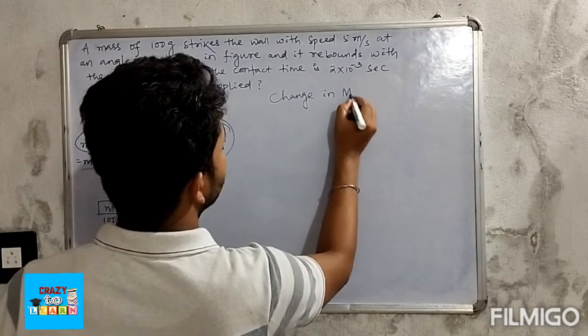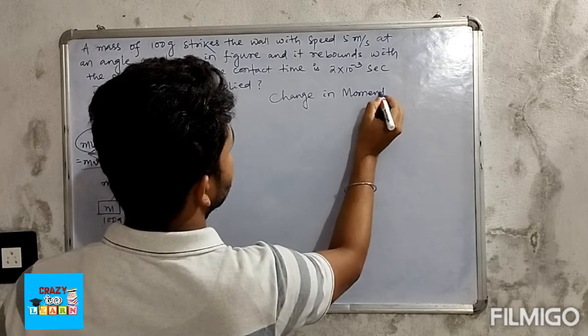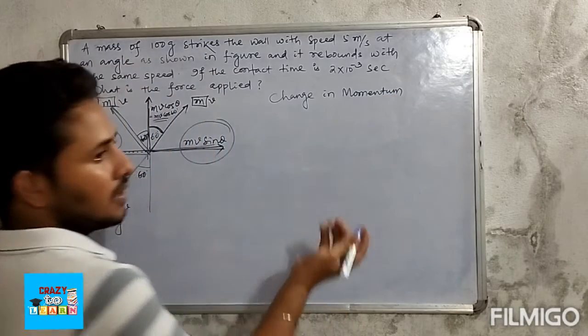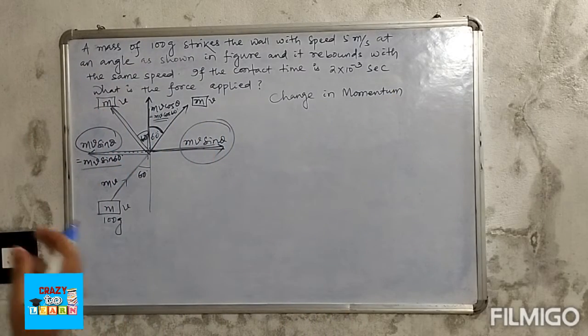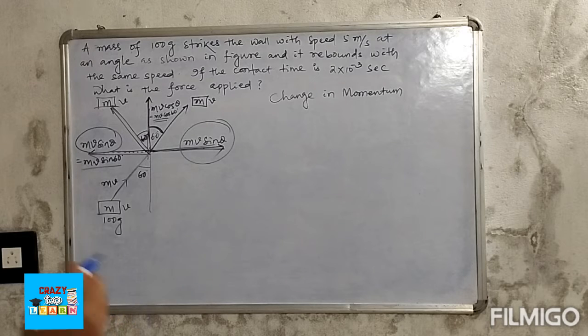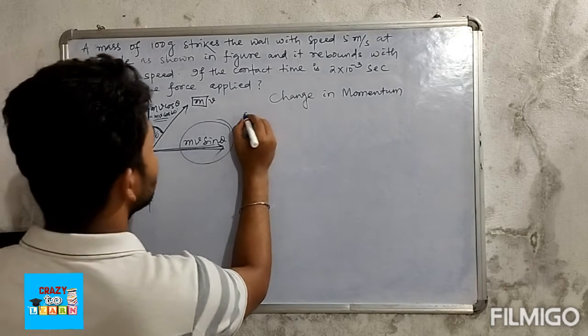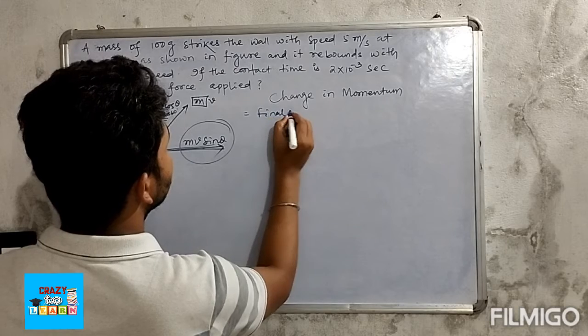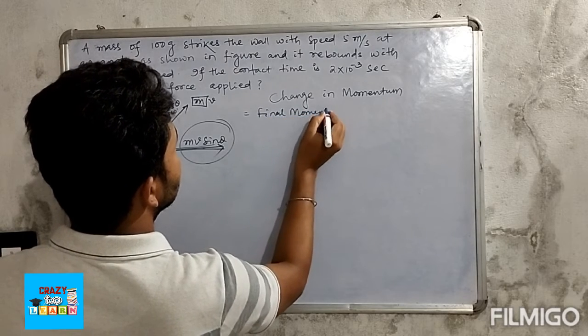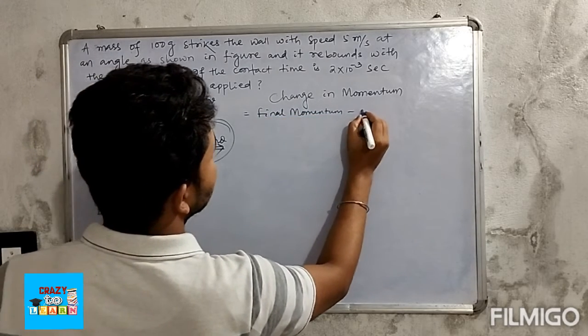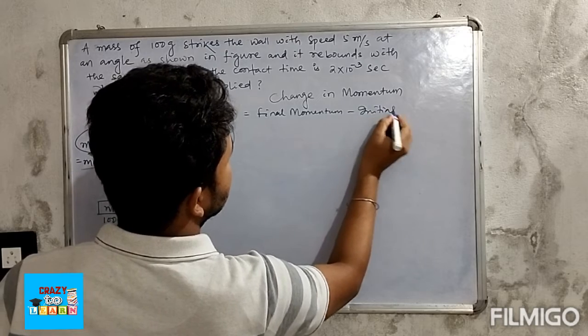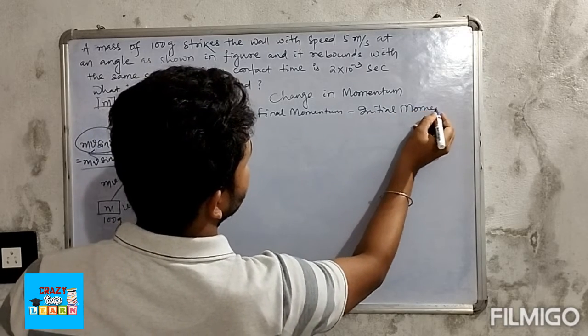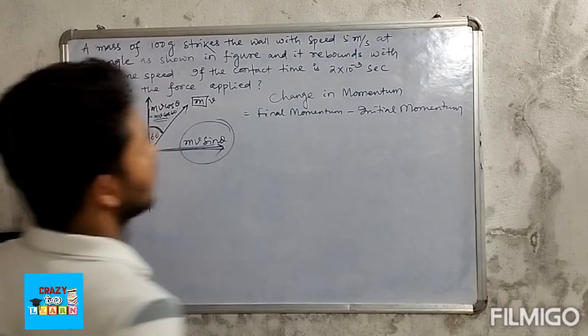Change in momentum is final momentum minus initial momentum.